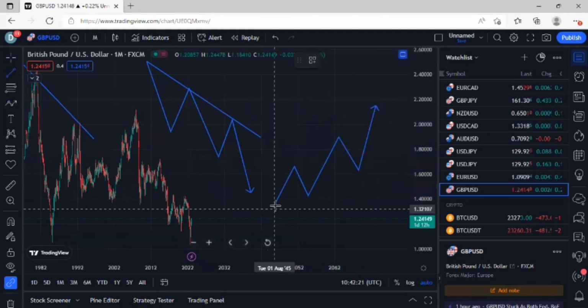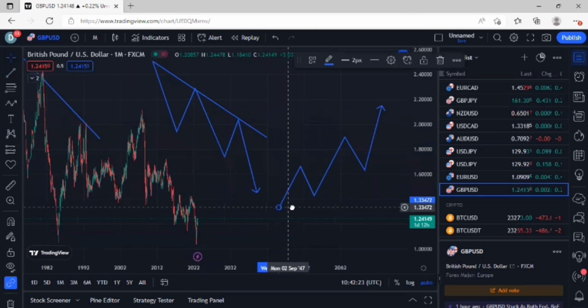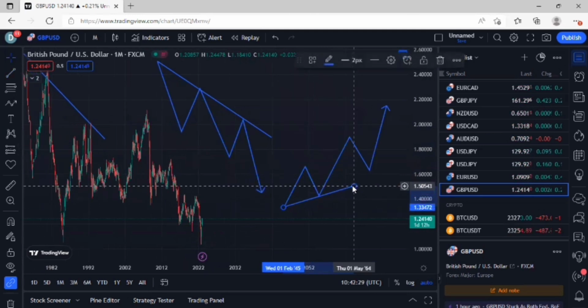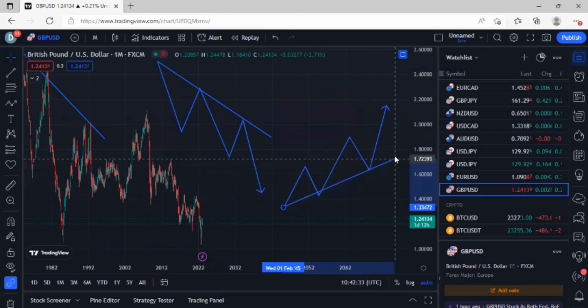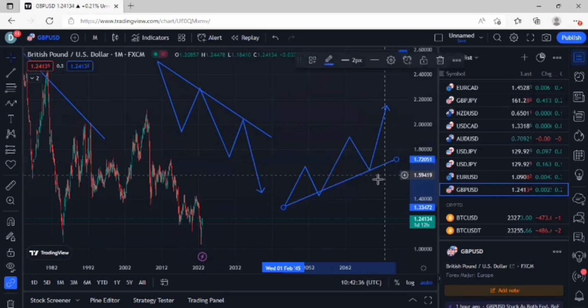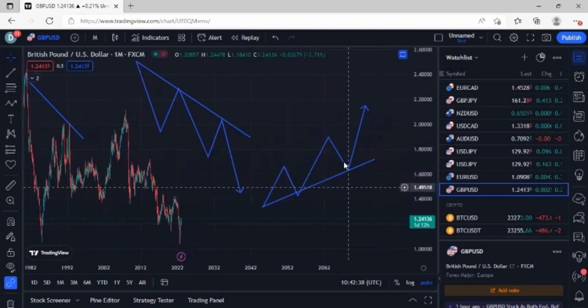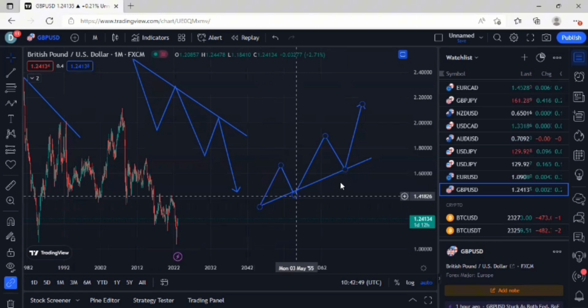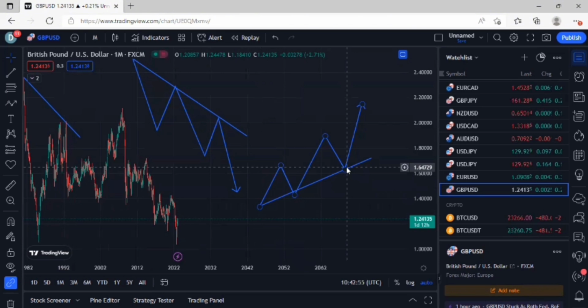So when you're able to join two together like this, we will say the trend has started. But when you're able to join three, then we'll say the trend has been confirmed. The first two begin the trend, while the third one confirms the trend direction.